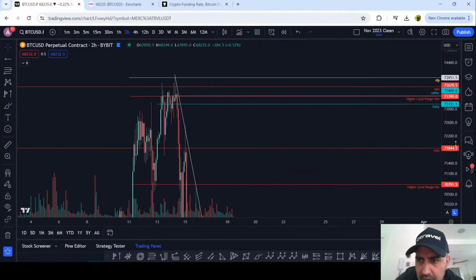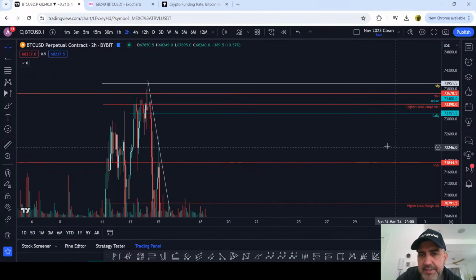That's right at the top there, where the value area high is.